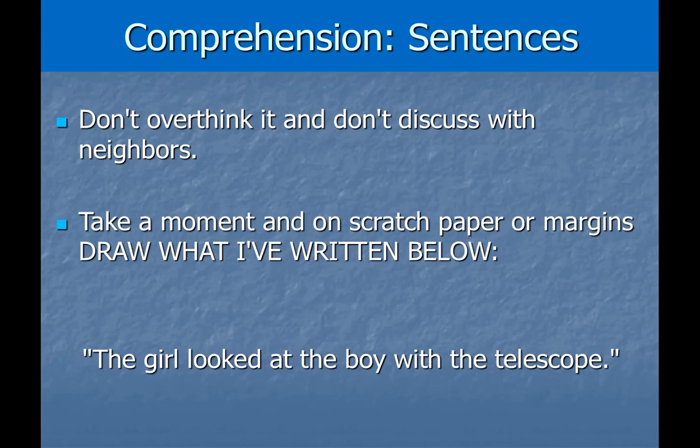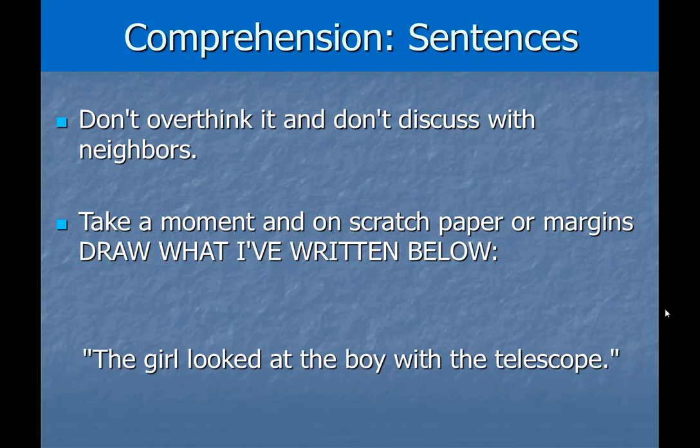Okay, now usually you might still be drawing, so I'll let you finish your drawing, but you probably got the part started at least. Usually when I ask people in a big class to draw this out, I like to have people draw it so I know that they're dedicating themselves to a certain picture, a certain set of events, or a certain way of making sense of this set of words in the order it's in.